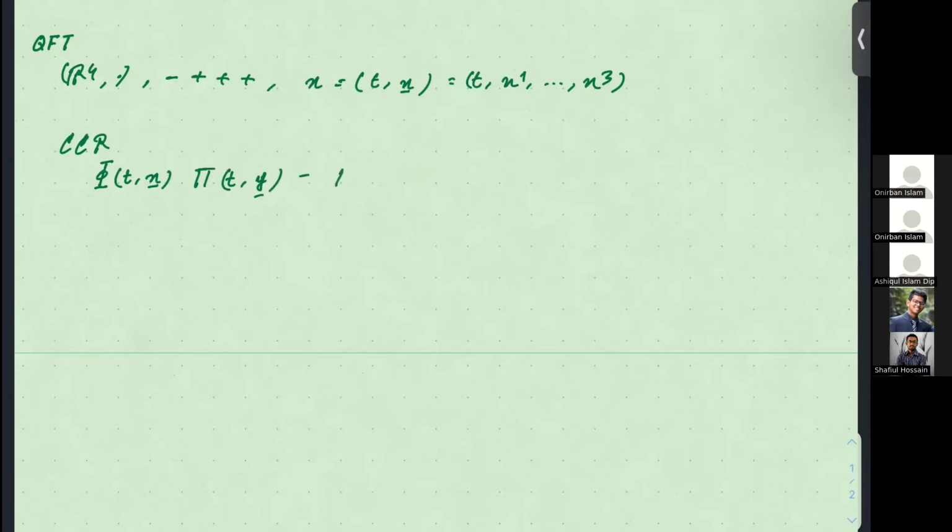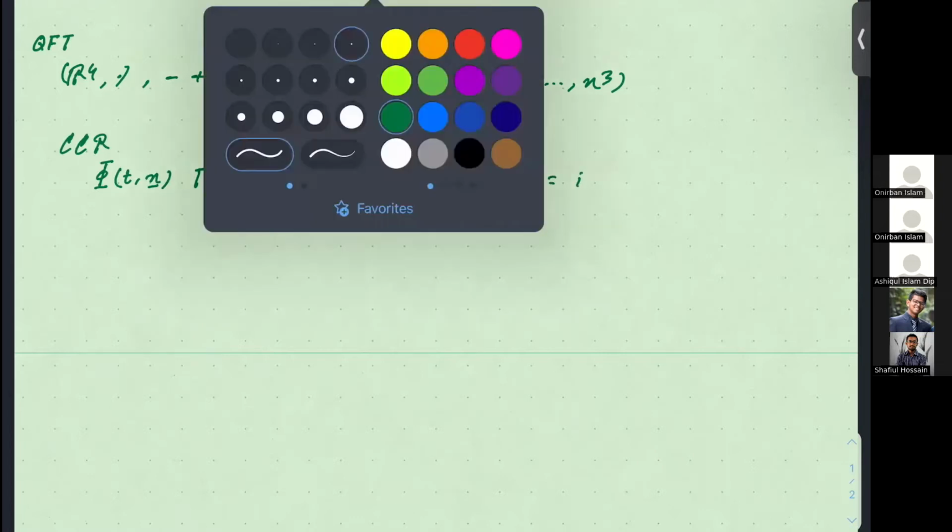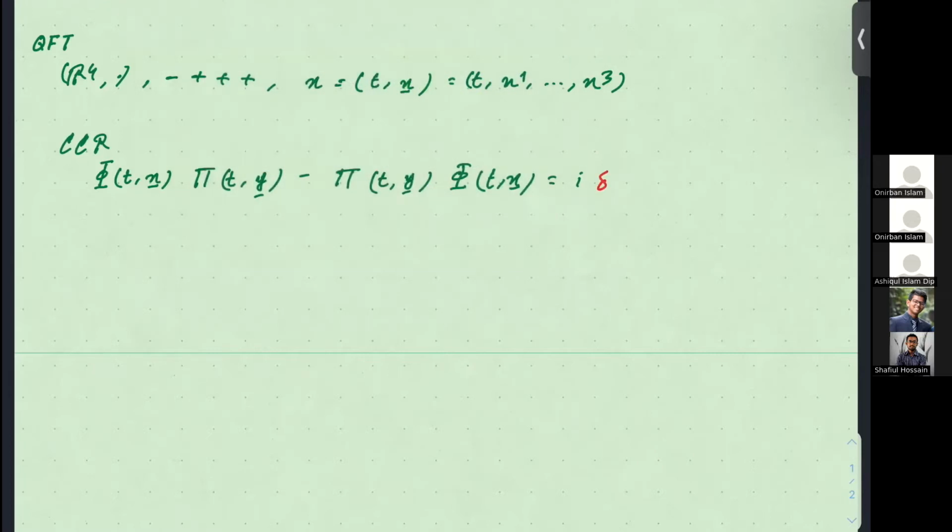Its commutator with Phi of x equals i times, I like to color, so let me use some fancy color, the Dirac delta, and that's called the canonical commutation relation.